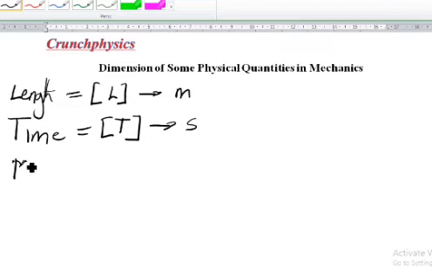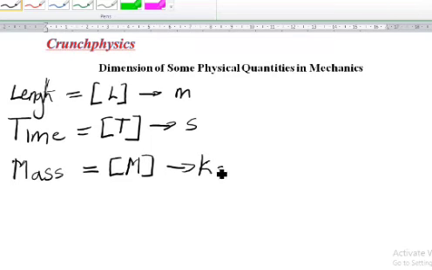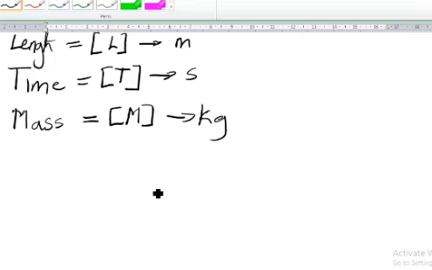Then mass is M, and the unit is kilogram. Now from this knowledge, let's see how we can find the dimensions of other quantities, the derived quantities.